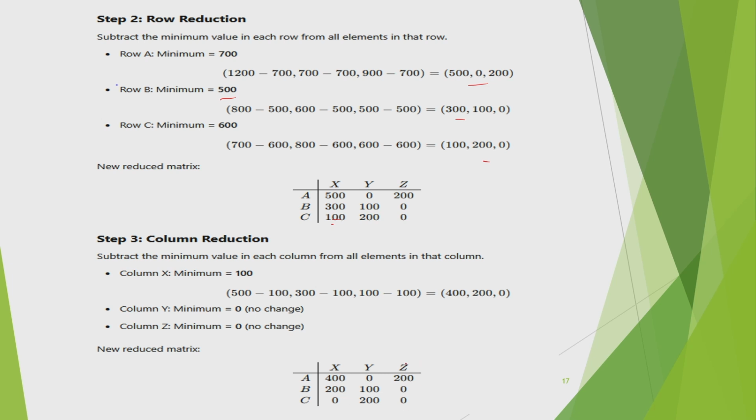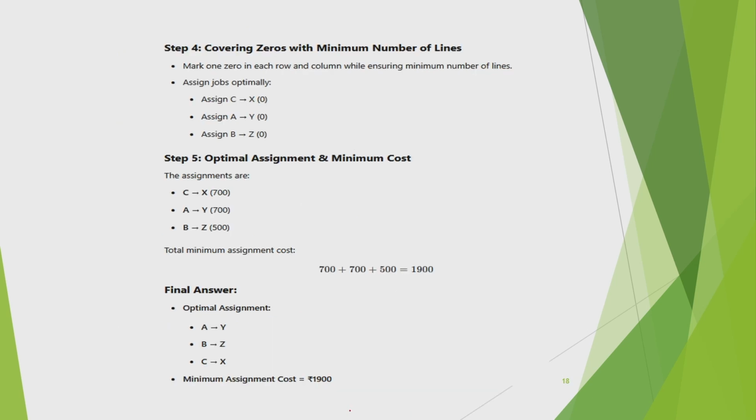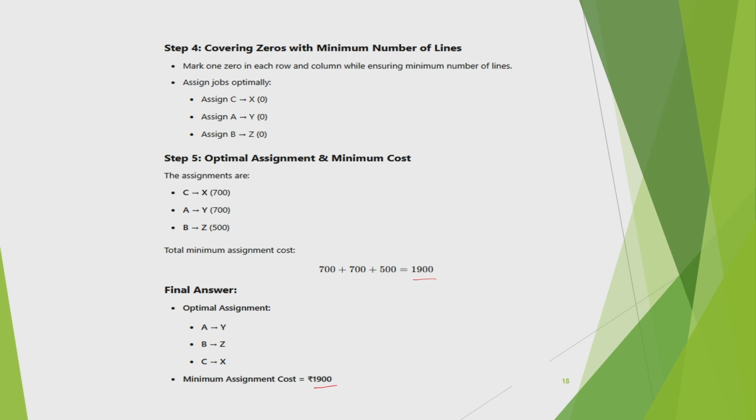You just see if you can cover this one and this one. You already have 3 zeros, and I think assignment is possible. So mark one 0 in each row. Obviously Y has to go to A, and then X has to go to C because in this column only one 0 is there, and then remaining you do not have any choice, Z will go to B. So assign C to X 0, A to Y 0, and B to this one.